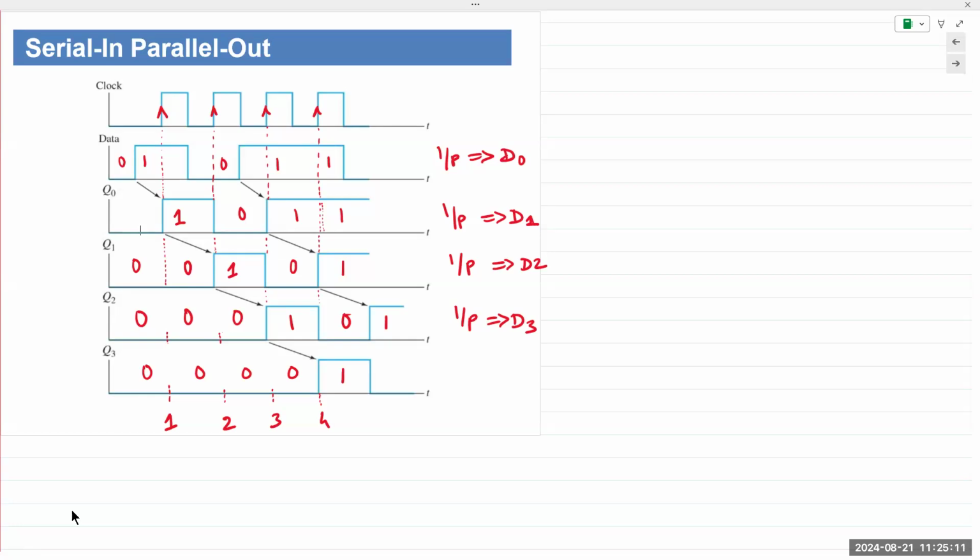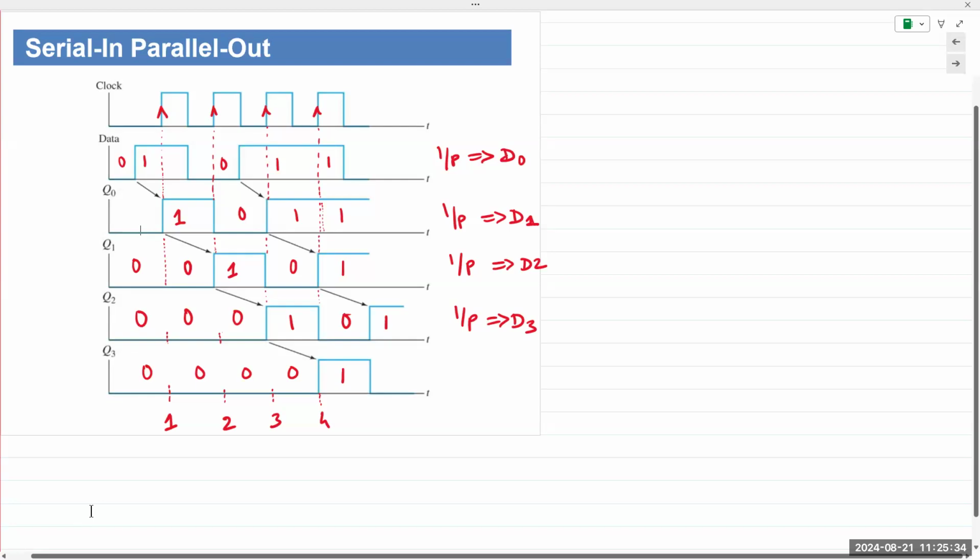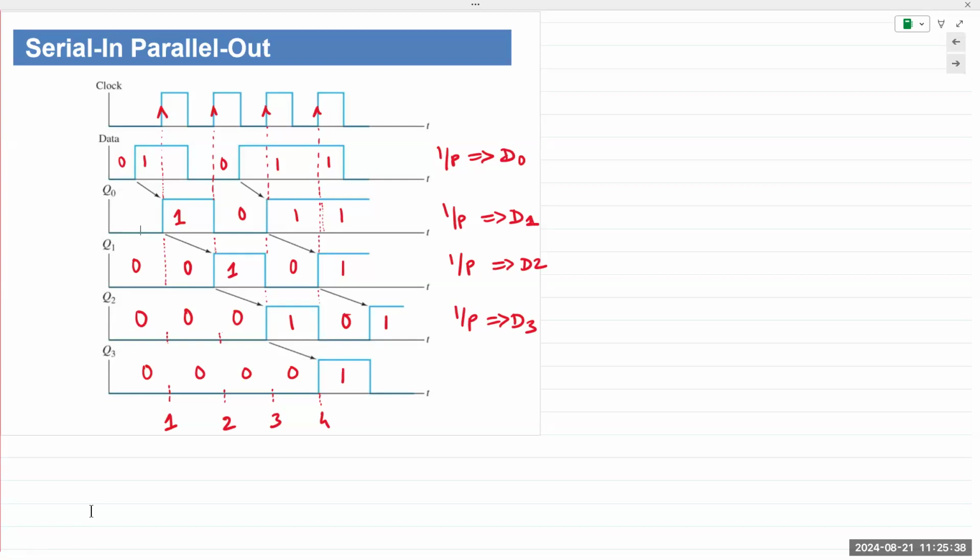Okay, serial input. All right, questions? Let's see, shift register, serial in, parallel out, and then parallel serial ripple counter. Actually, we covered it. Makes sense?